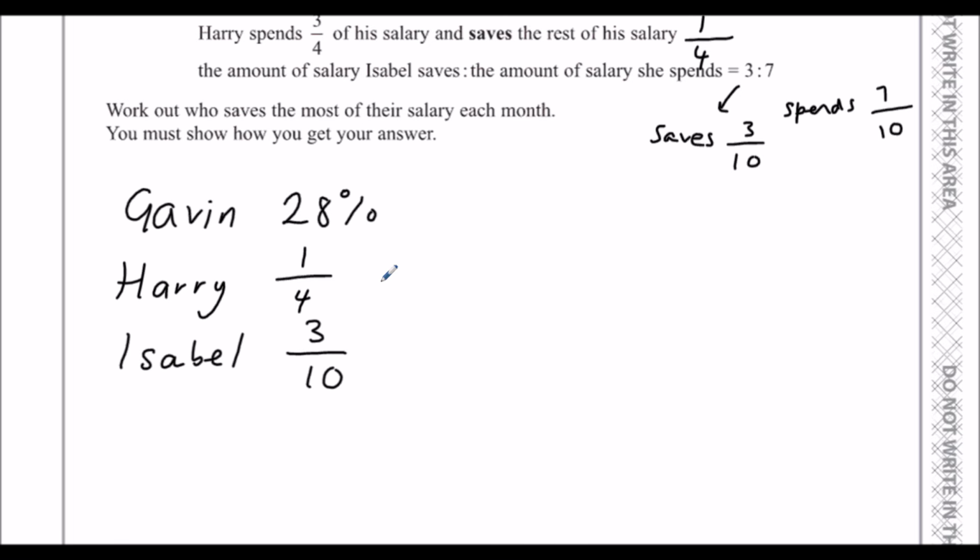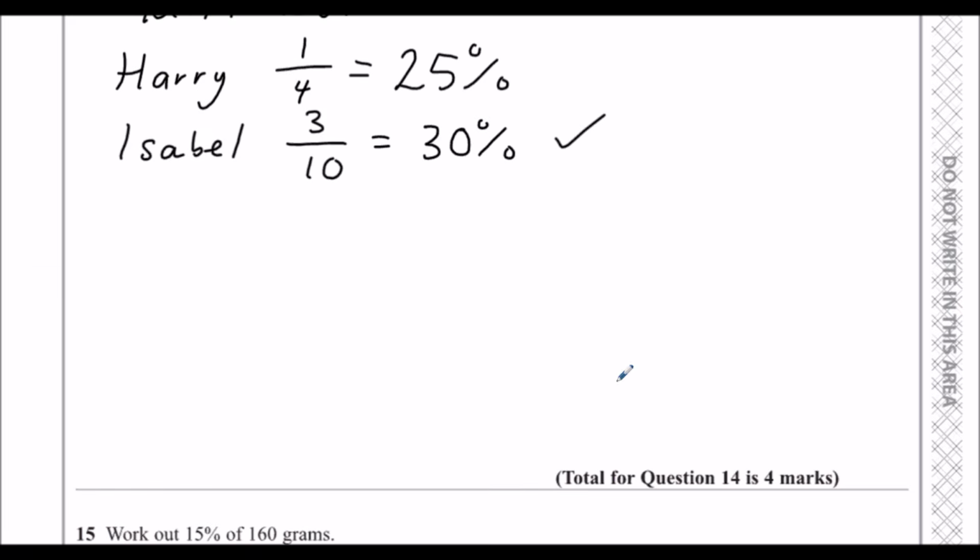So 1/4, a quarter is a quarter of 100, 25%, and 3/10, so times top and bottom by 10 is 30 out of 100, which is 30%. So who saves the most? Well, 30% is the biggest, so Isabel saves the most.